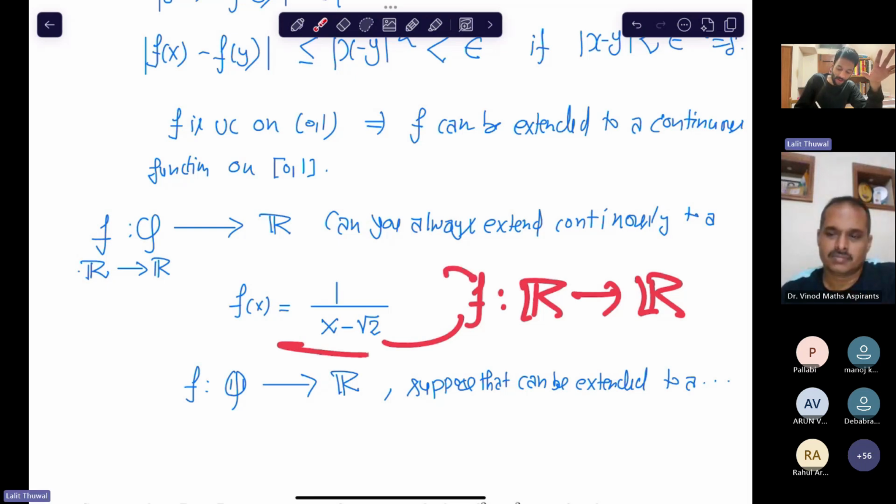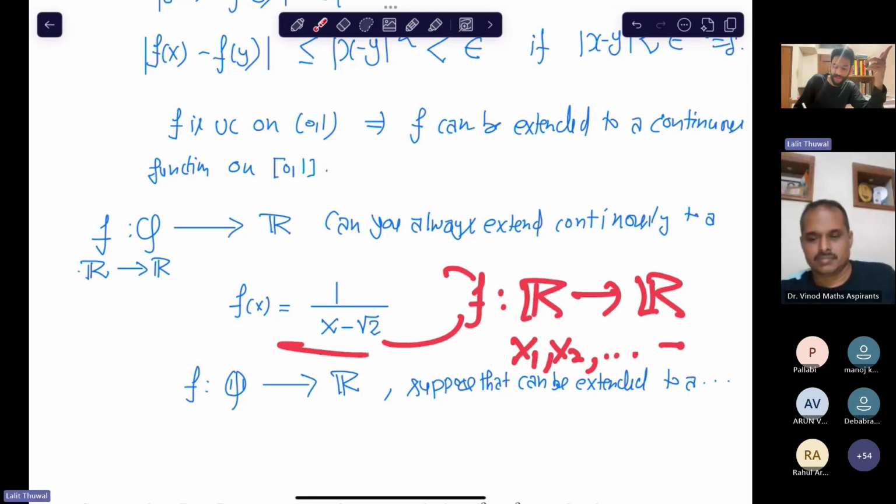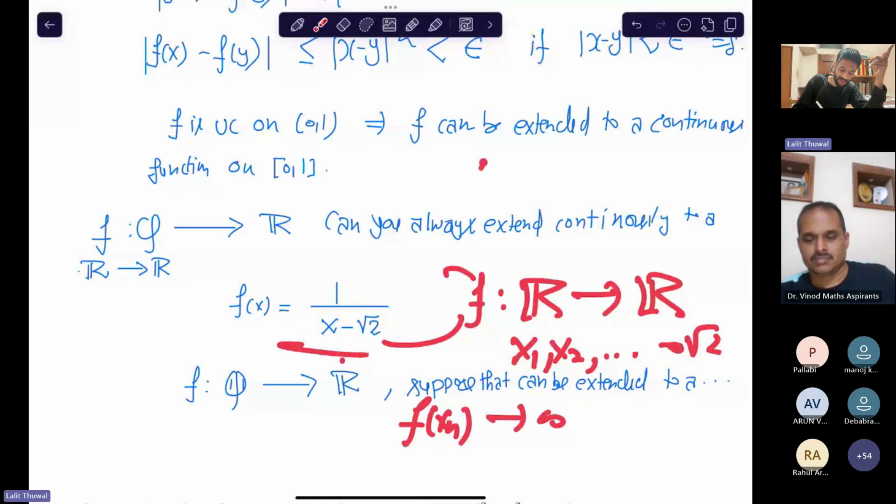Then take a sequence of rational numbers which converges to root 2. Then the function sequence f(xn) tends to infinity, because it involves 1 over xn minus root 2. This tends to infinity, so the limit does not exist. If the limit does not exist, then how can you extend it continuously?